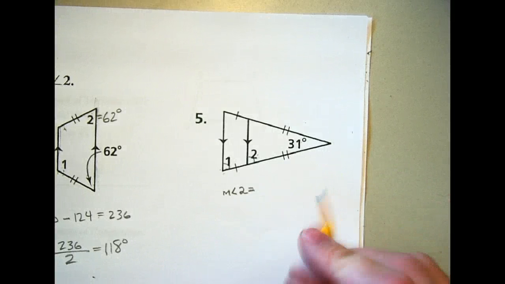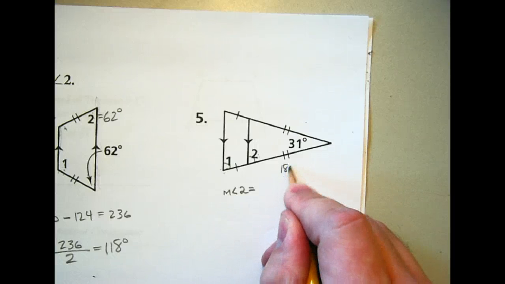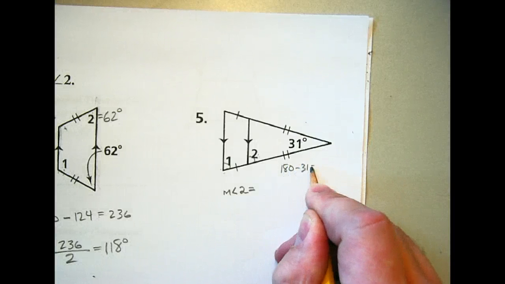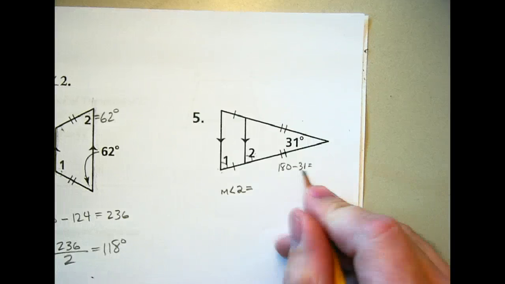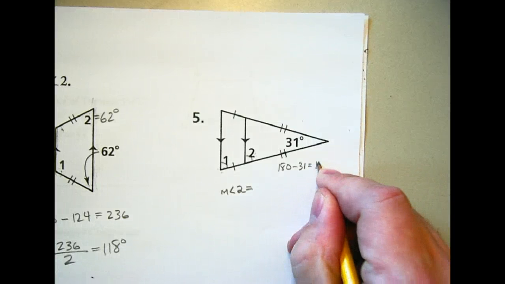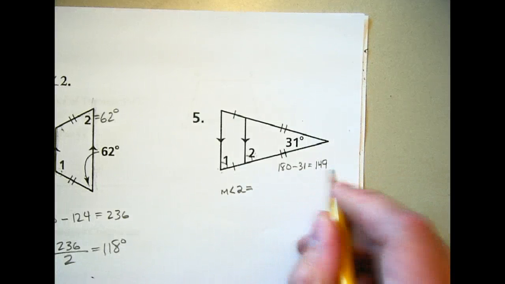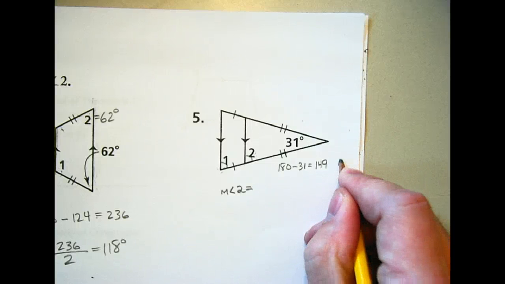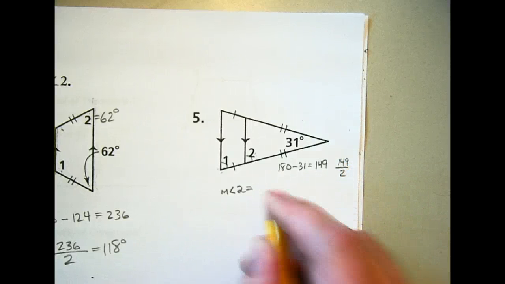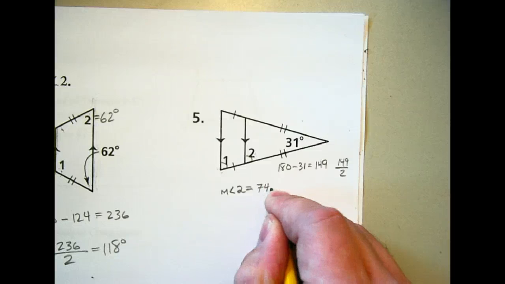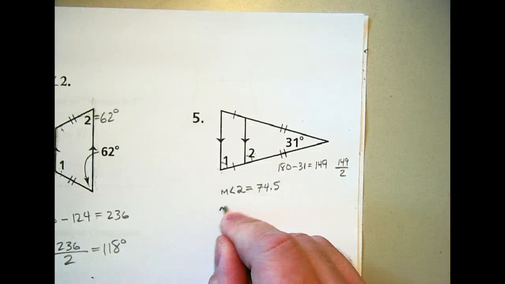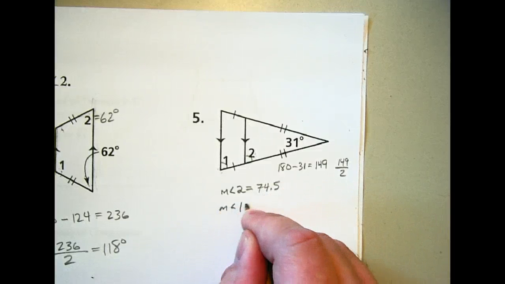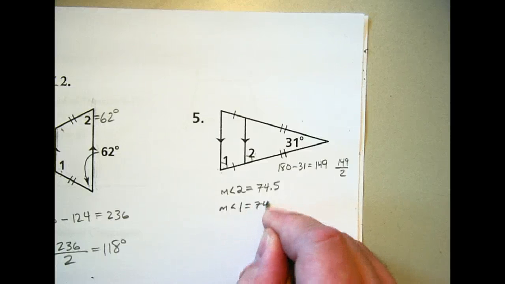I have 74.5. So 180 minus 31 gives us 149, and then you cut that in half. Get 74.5. Measure of angle 1 is also 74.5. I've already said they're congruent.